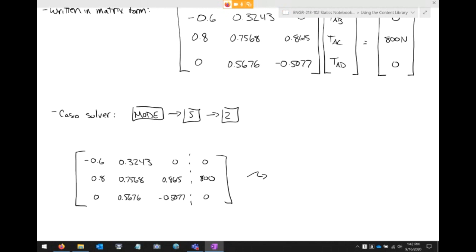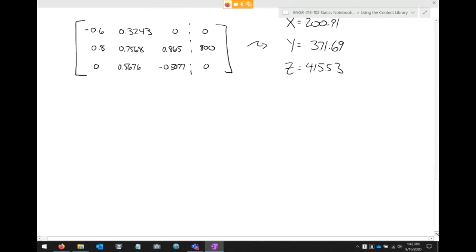It should say something like x equals 200.91, y equals 371.69, and z equals 415.53.